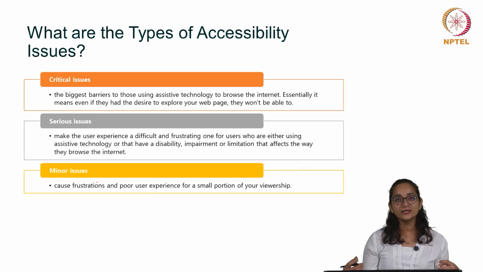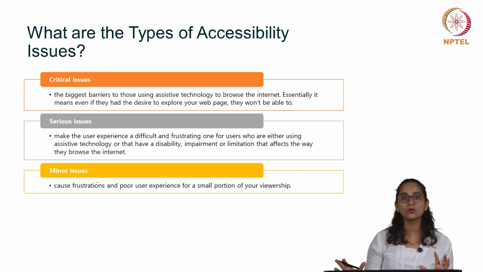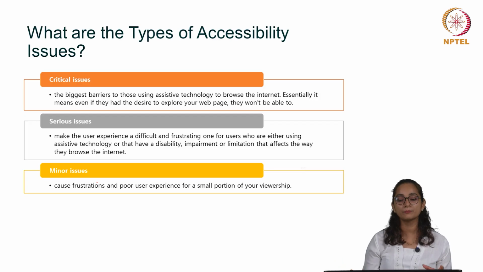So now that we have some idea of what entails bad accessibility, what entails difficulty in accessing different parts of a website or a digital experience, we can now categorize them primarily into 3 categories.